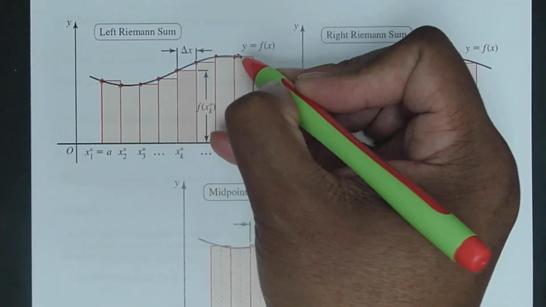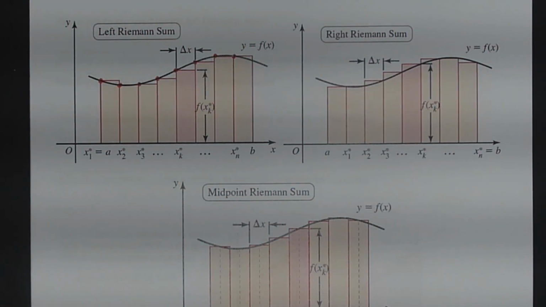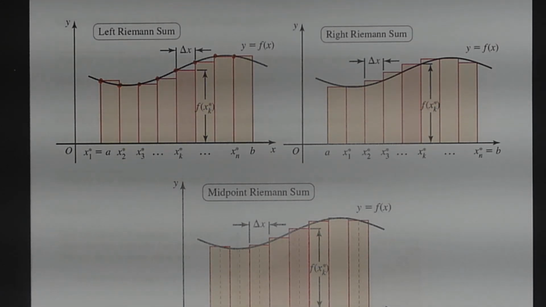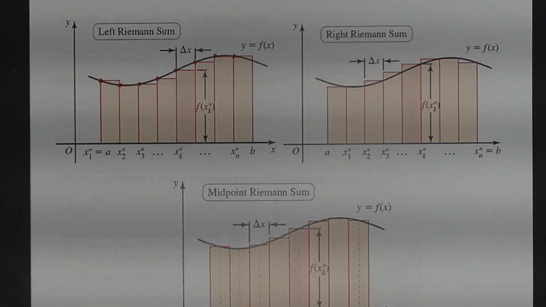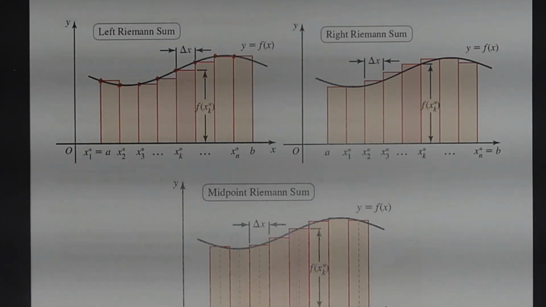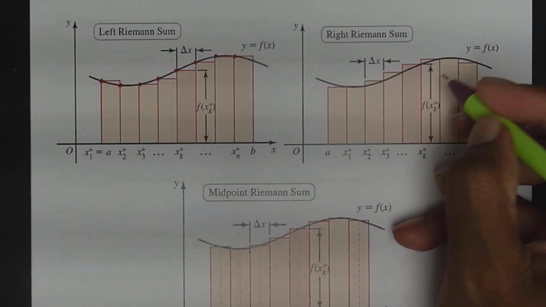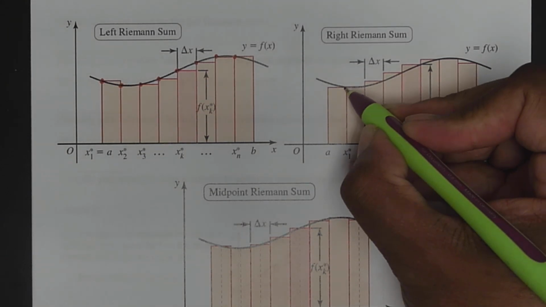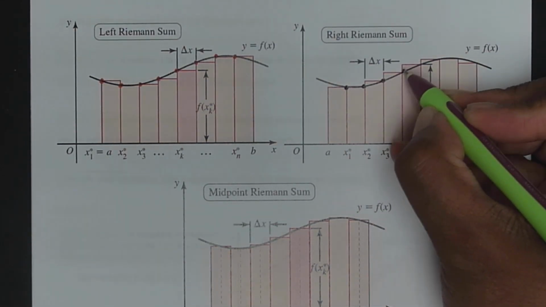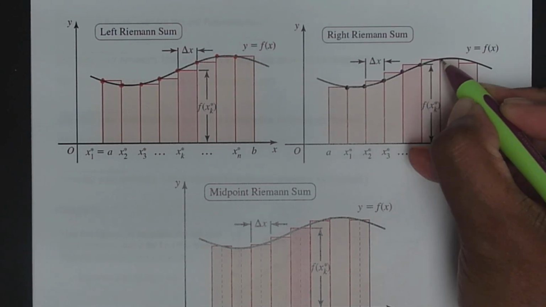You can see that the graph is touching every left vertex of every rectangle that you see here. Now for the right Riemann sum, the graph of y equal f of x touches the right vertex of every rectangle that you see here.